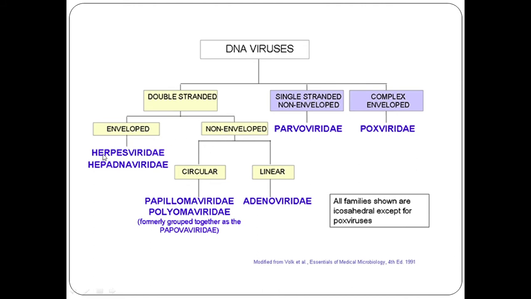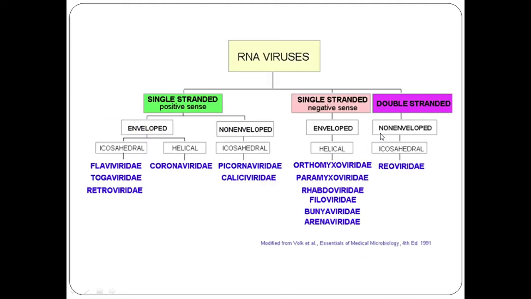In the enveloped, we have the herpes and Hepadnaviridae families, and the non-enveloped have the circular and the non-circular parts. Papilloma and polyomaviridae are the two types of viruses with circular genetic material, and the linear genetic material contains the adenoviridae. The single-stranded non-enveloped virus contains the parvoviridae, and the complex enveloped contains the poxviridae.